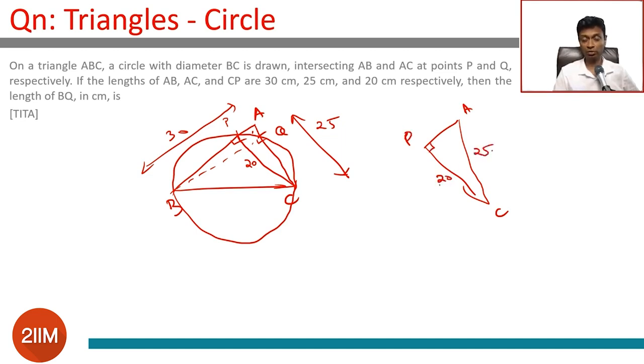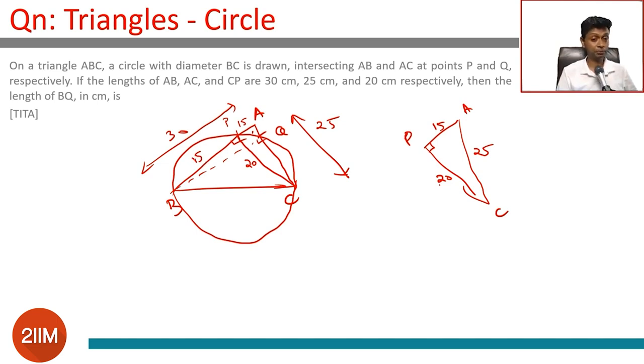This is a ratio of 4:5, or 3, 15, 20, 25 is a Pythagorean triplet. AP is 15, that means PB should be 15. Fine. Wonderful. I know it does not look like P is a midpoint of BA, but that's what the math is telling us.